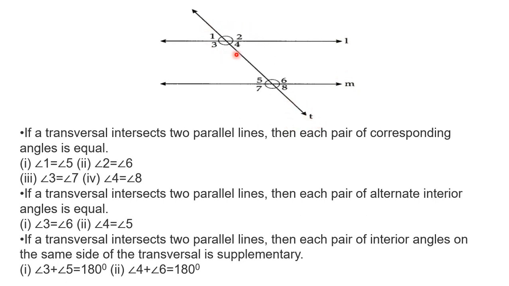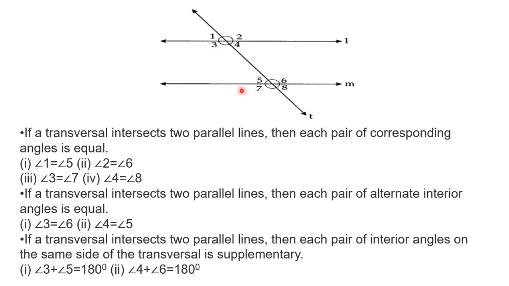So we are getting 8 angles between these lines. We can say if a transversal intersects two parallel lines, then each pair of corresponding angles is equal. Here angle number 1 and 5, remember angle 1 and 5, are a pair of corresponding angles, and they are equal. Similarly angle number 2 and angle number 6 are again equal, and they are also a pair of corresponding angles.